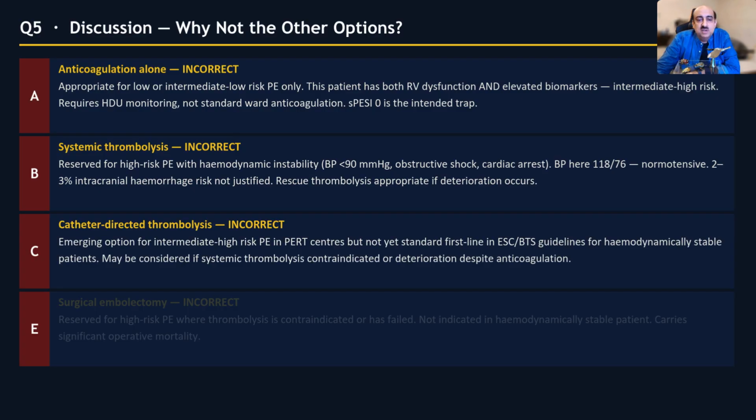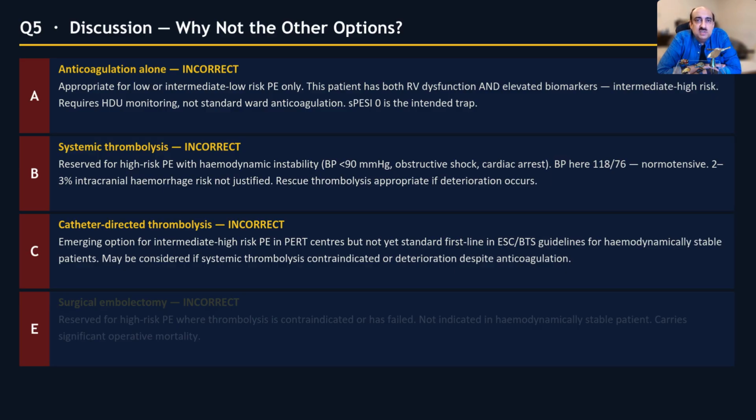Option C, catheter-directed thrombolysis, is again incorrect because it is an emerging option for intermediate high risk PE in PERT cases, which is pulmonary embolism response teams, or the PERT centers, the multidisciplinary teams who manage patients with acute pulmonary embolism upfront and through the doors in emergency departments, ERs, acute medical units.